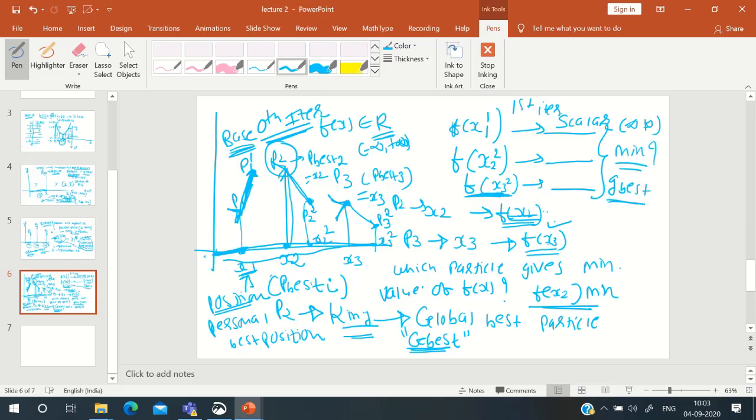This is the best of the personal best particles, the global best particle, because it gives the minimum value of the objective function. So this is the G best which is obtained at the end of the first iteration.